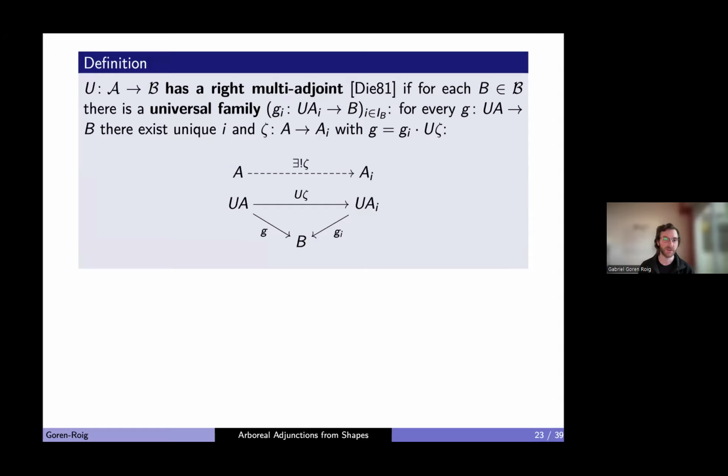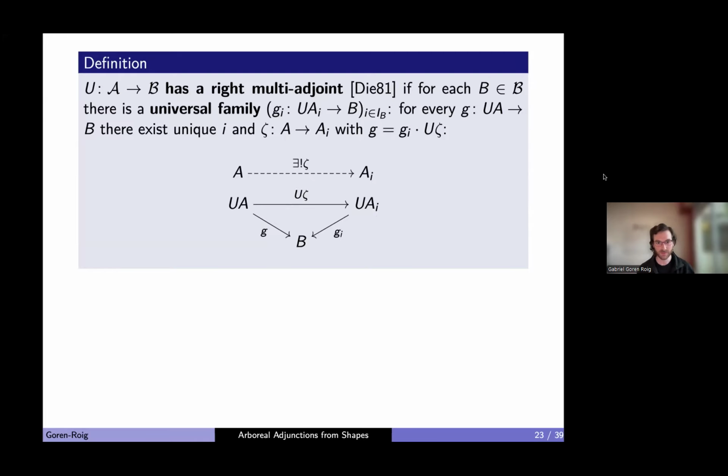Take a functor U from A to B. We say that it has a right multi-adjoint if for every object of the codomain there is a universal family into it, which means a family of morphisms from U of some A sub alpha to B, that are universal in the sense that for any morphism g from UA to B, there exists a unique element of this family and a unique intermediate morphism zeta, such that g factors like this: U of zeta followed by the universal map.